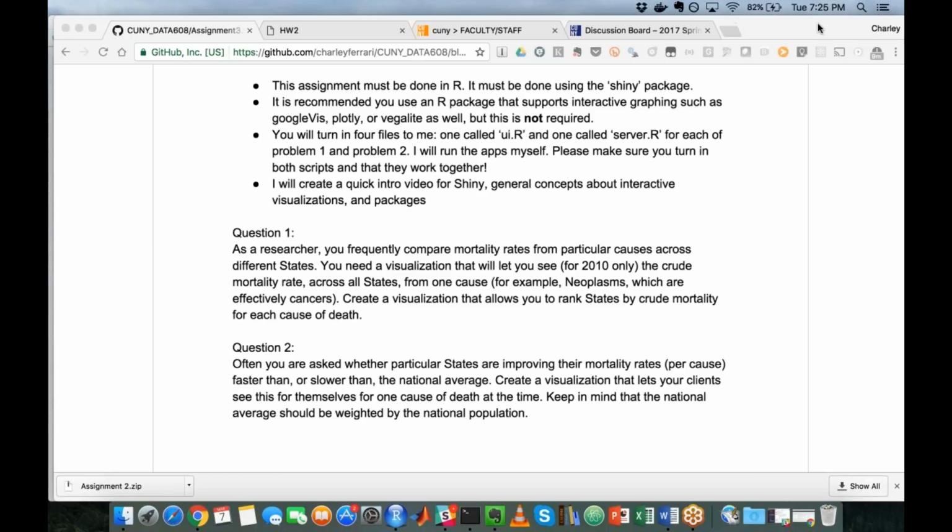So what are Shiny apps? Shiny apps are each one of these, like you could see how it's defined in what the deliverables are.